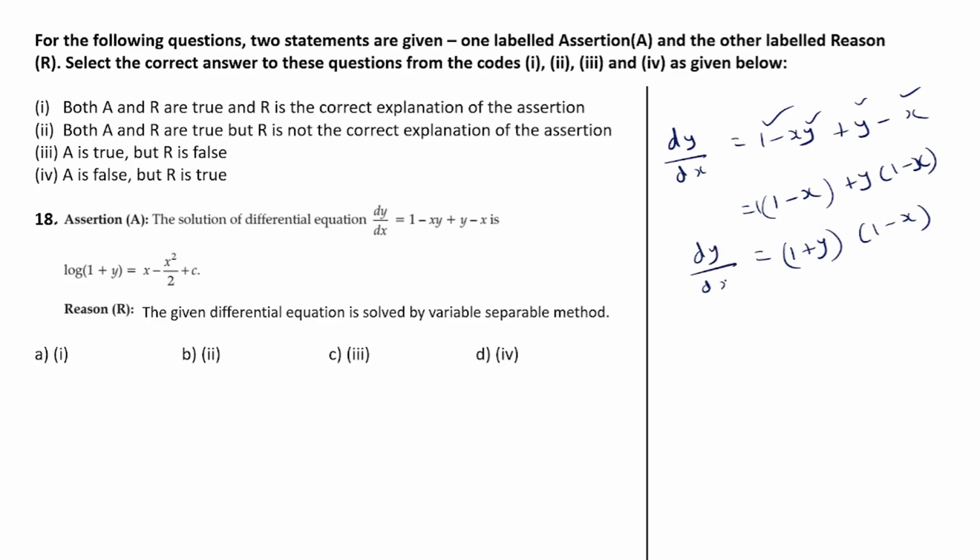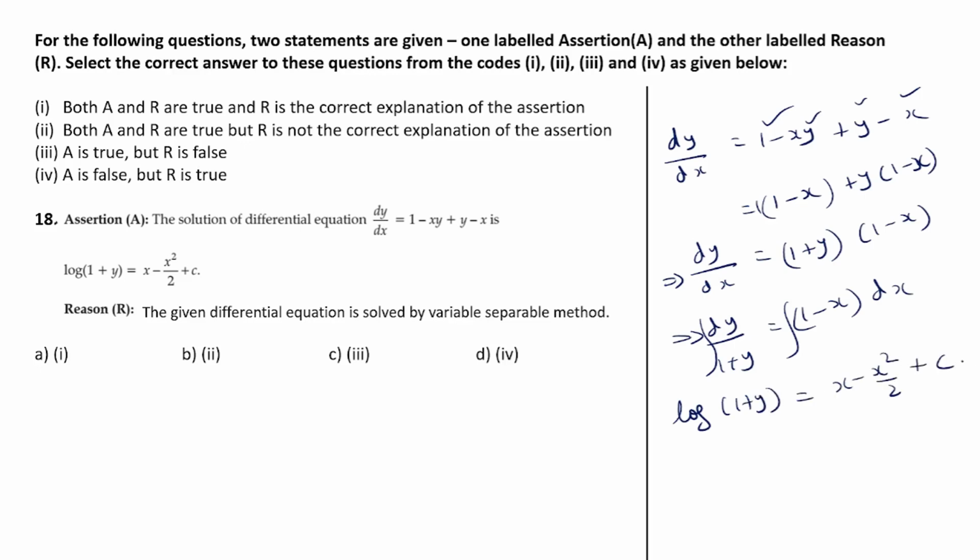This is dy by dx. So we have dy by 1 plus y equal to 1 minus x into dx. Now this we can integrate both sides. When we integrate both sides, we get log of 1 plus y equal to x minus x square by 2 plus c.